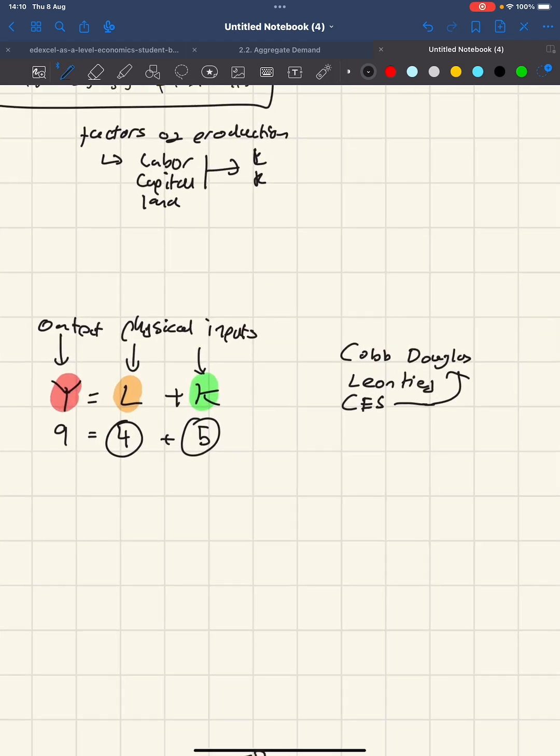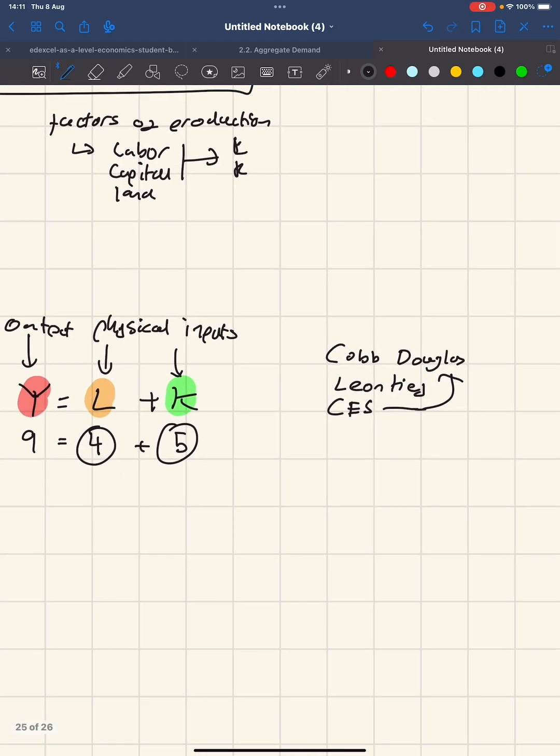So why do we use production functions? We use them so we can analyze them and find the most efficient inputs we can put in.